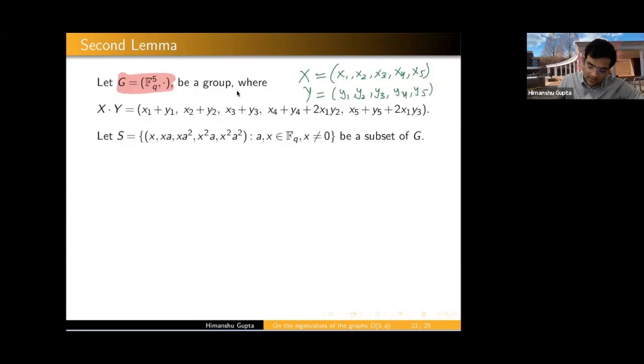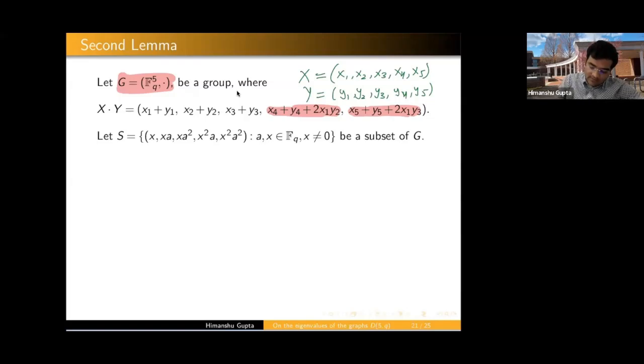What X dot Y does is add the first coordinate as it is, with addition over F_q, X2 plus Y2 as it is, X3 plus Y3 as it is. But for the last two coordinates, it gives X4 plus Y4 plus 2 X1 Y2. And for the last one, X5 plus Y5 plus 2 X1 Y3. That actually makes it a non-abelian group.